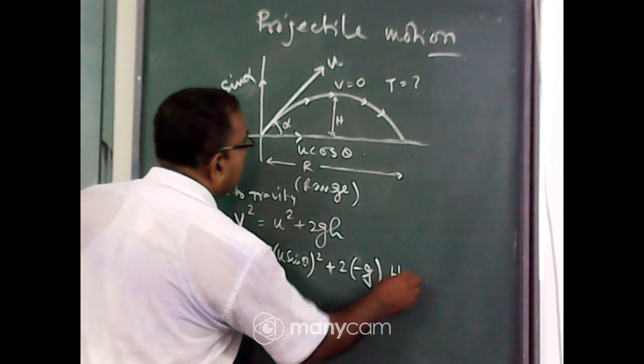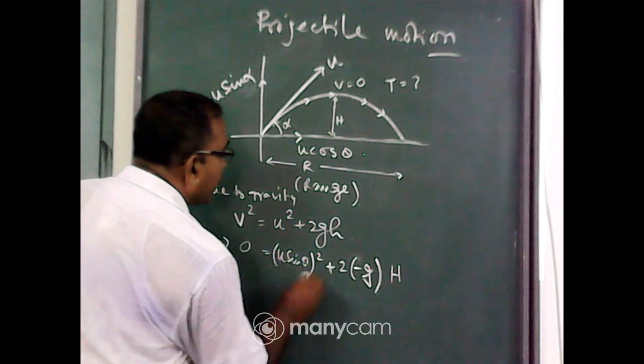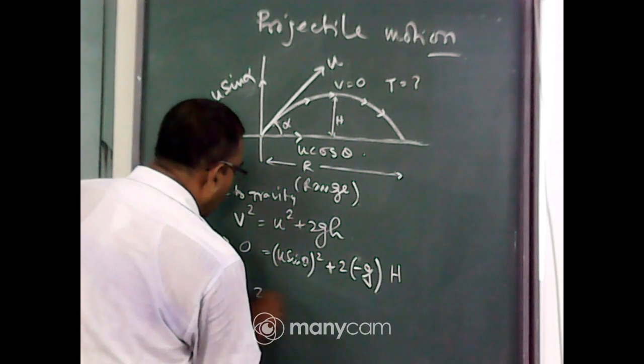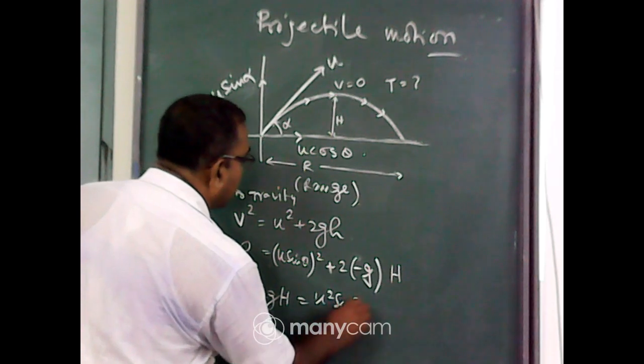If you consider the height as capital H, then 2gH equals u square sin square theta.